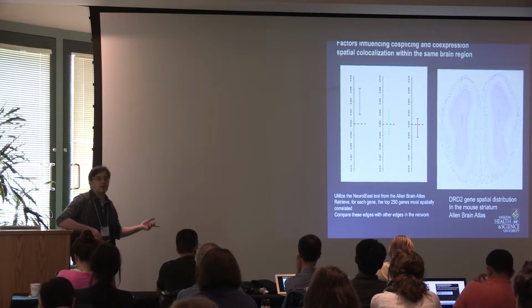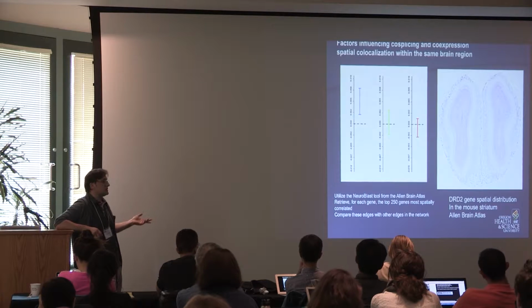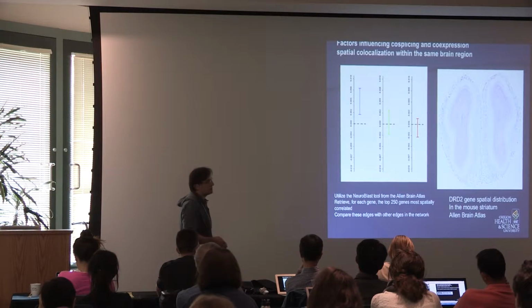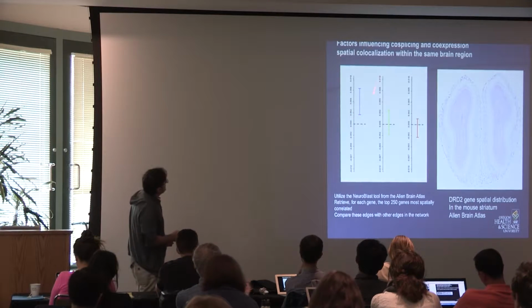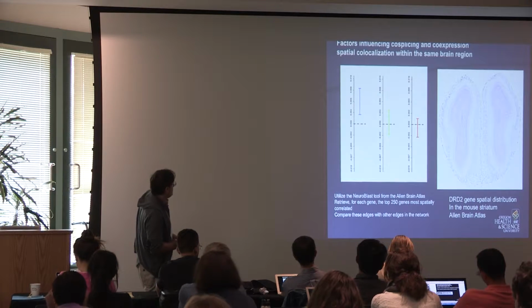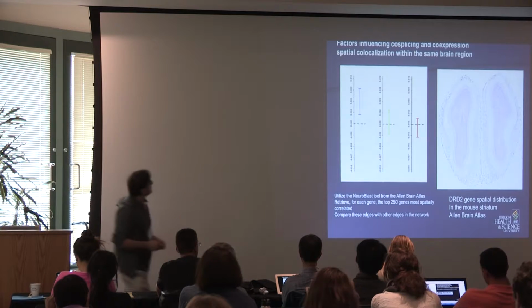Then I have a set of edges between genes that are spatially overlapping, and I compare them with genes that are not as likely to be spatially overlapping. What I find is strong co-expression and not very strong splicing.